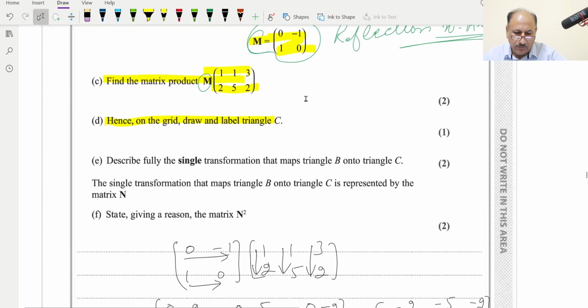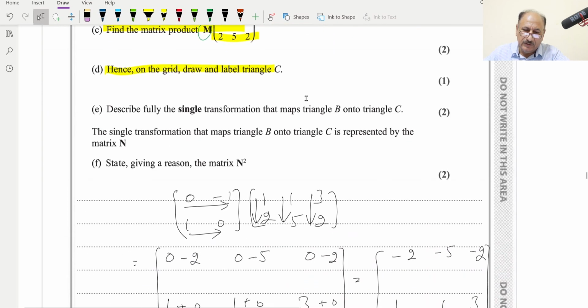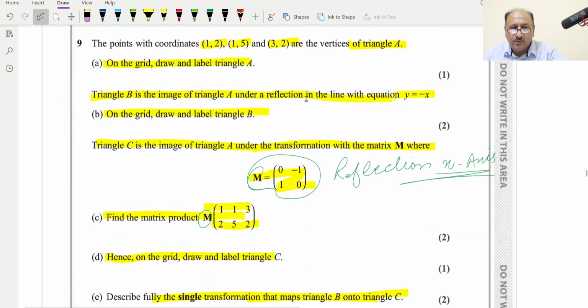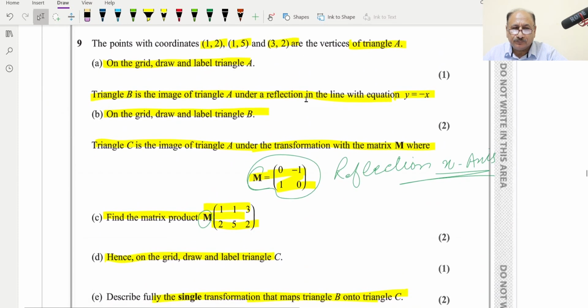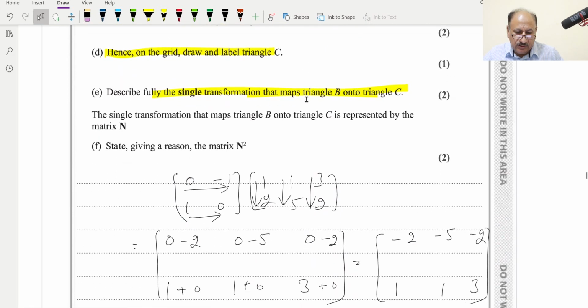Then D part, this was D part. Hence on the grid draw the triangle C. Then they are saying describe fully the single transformation that maps triangle B onto C. Triangle B onto C. This is basically our E part.